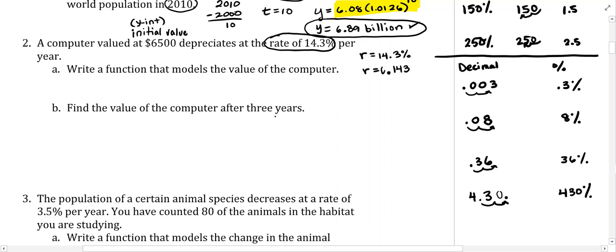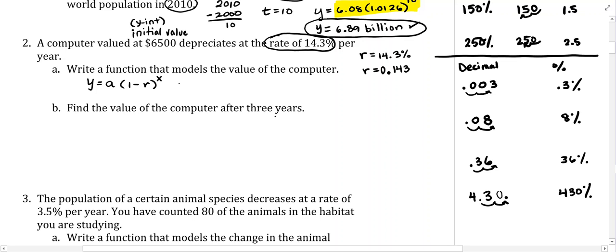Let me erase that. A lot of you guys don't like that 0 in front of it, but I do. It looks weird when I don't put the 0 in front. So that's the rate, and they want us to write a function that models the value of the computer. So then that means that we're following y equals a times 1 minus r raised to the x. Now, we don't have to write it as a factor.